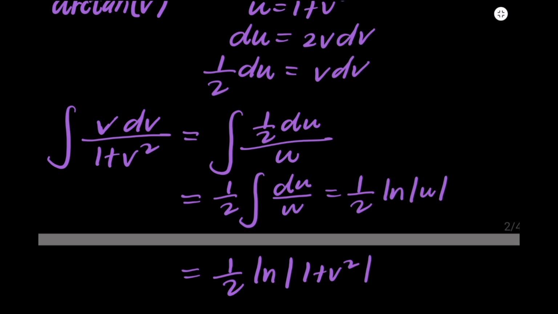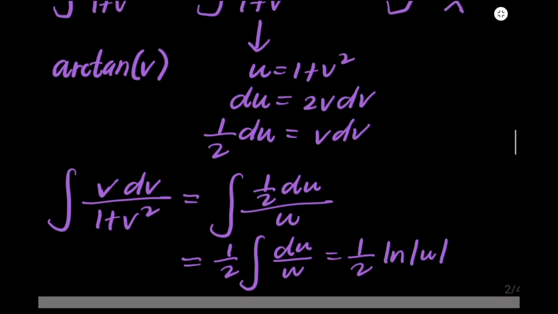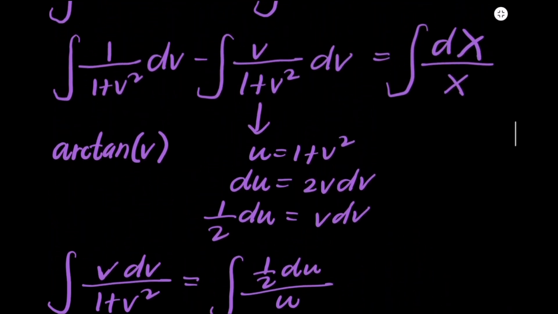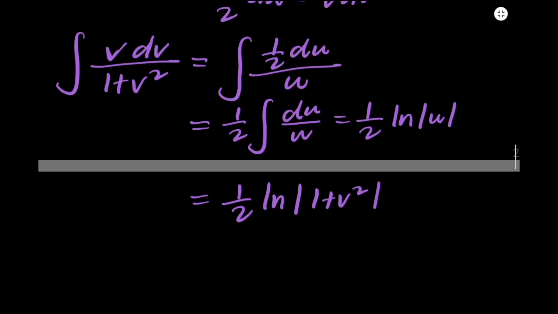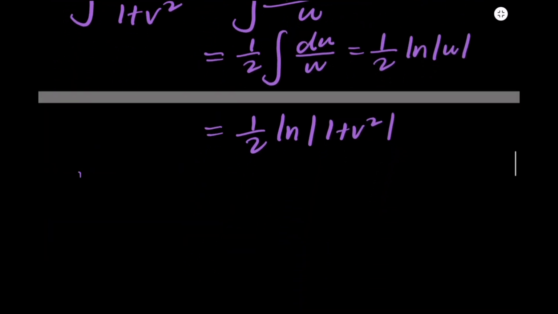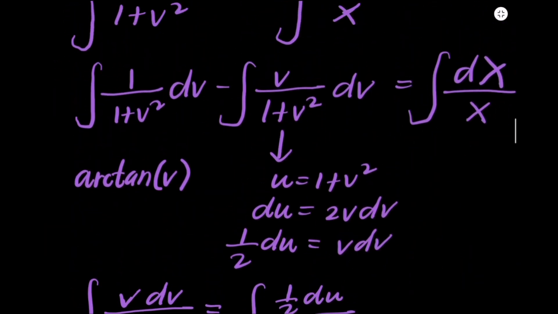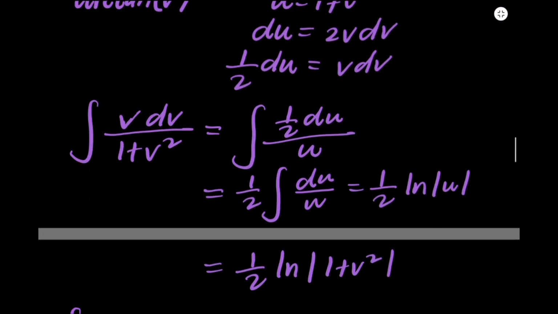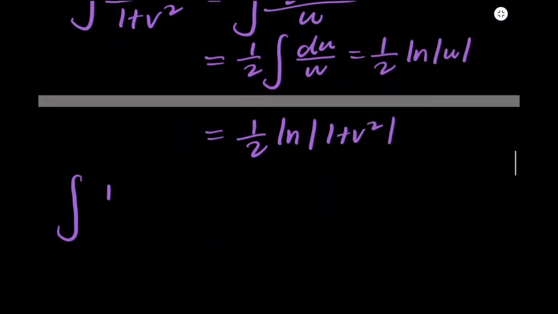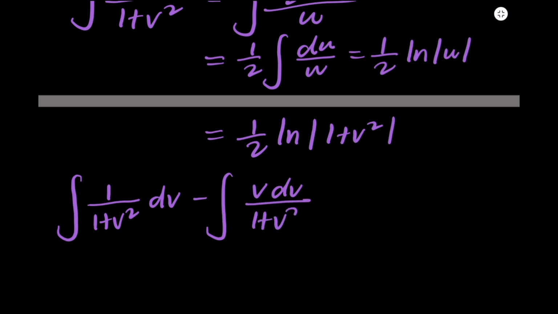Okay? So, hence, first, let us rewrite the given integral: the integral of 1 over 1 plus v squared dv minus the integral of v dv over 1 plus v squared, right? And then eventually the integral of dX over X, right?